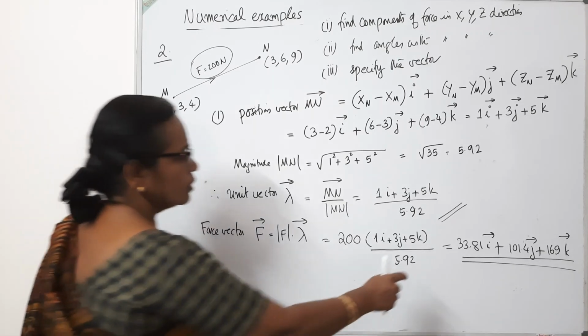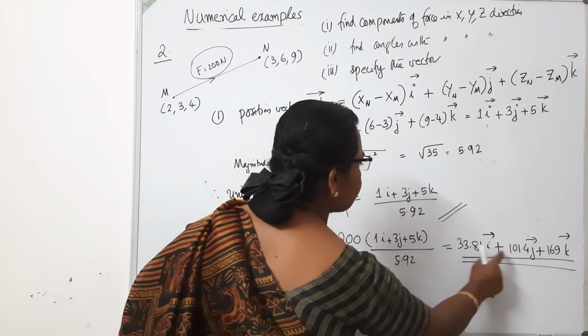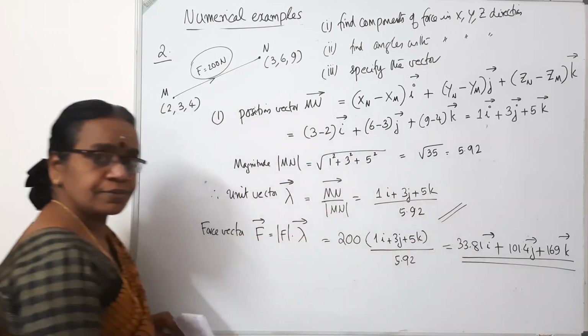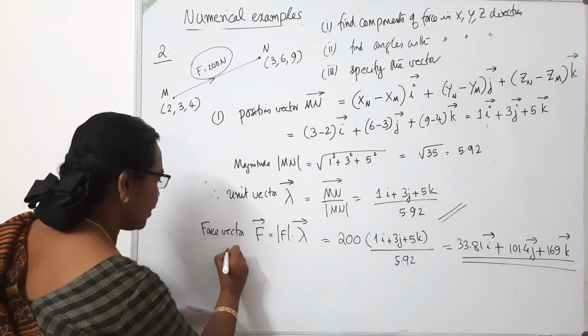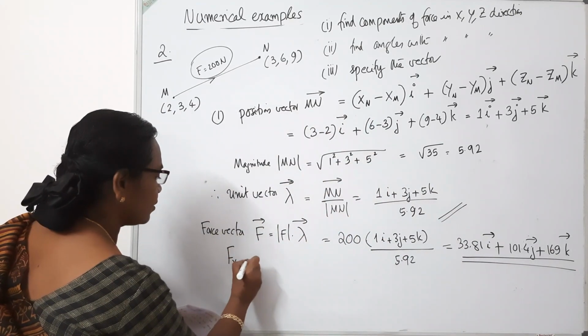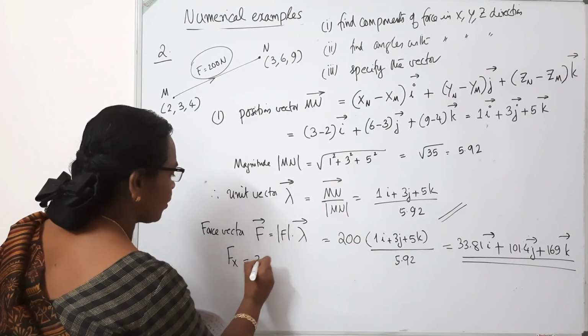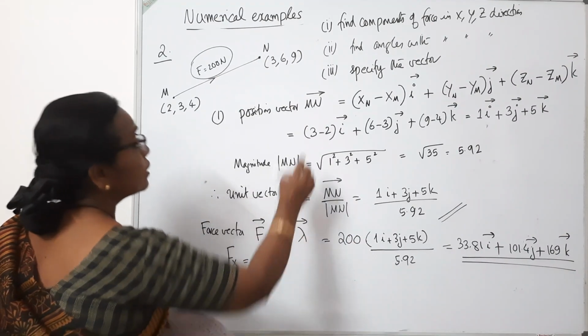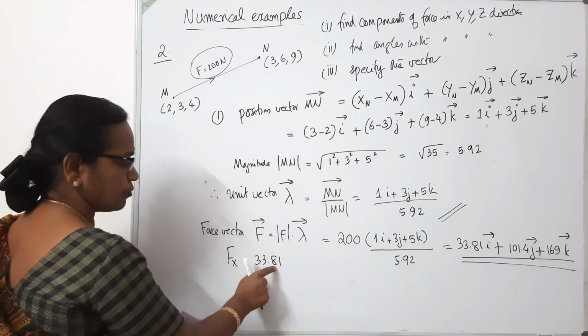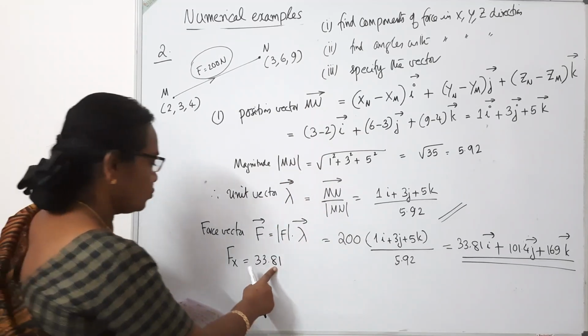Now what is this? F is equal to Fx i plus Fy j plus Fz k. So from looking into that, we can write down Fx. Fx is 33.81. The x component of the force is 33.81.